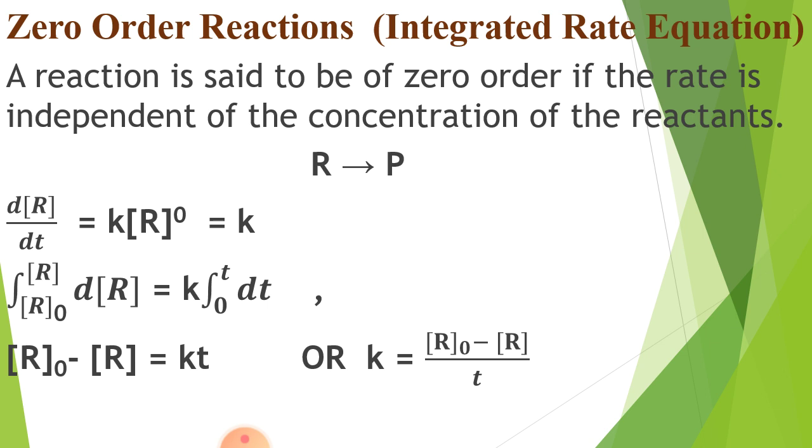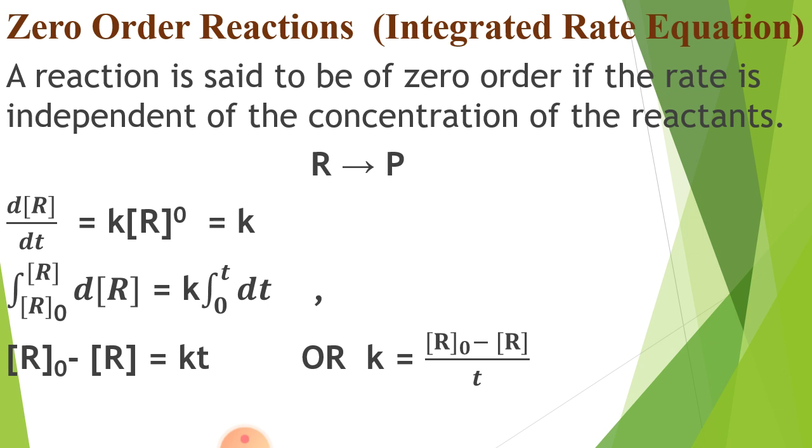That means R naught is the concentration when time is 0, at t equal to 0, and R is the concentration at time t, any time. So we can write the equation like this: K equal to R naught minus R divided by t. Again R naught is the initial concentration and R is the final concentration, t is the time taken and K is the rate constant. So for zero order, you have to learn this formula to calculate the numericals coming in the board examinations.